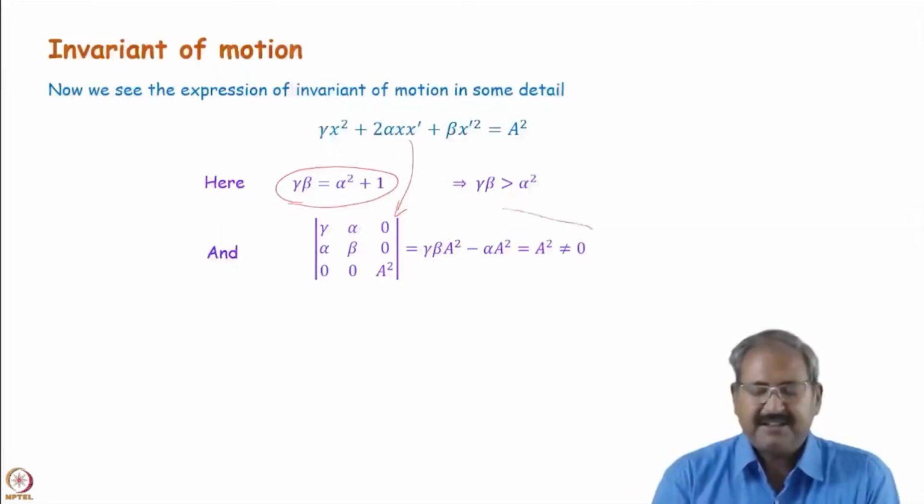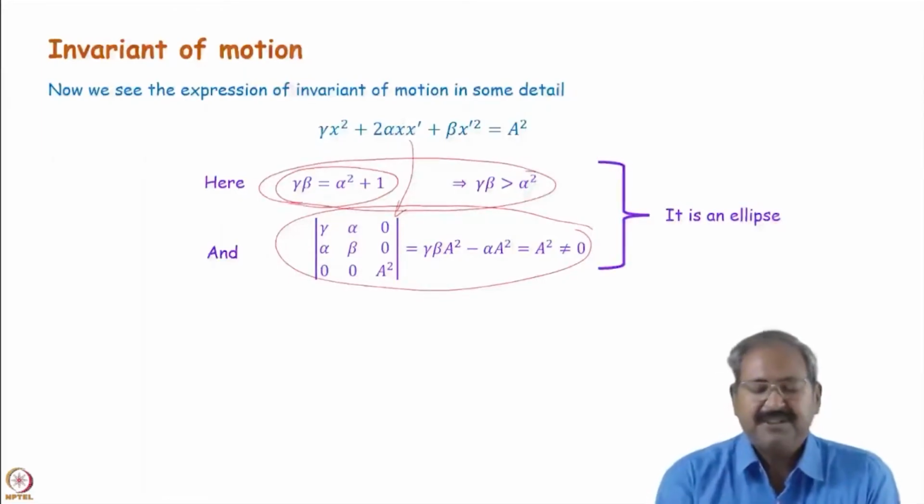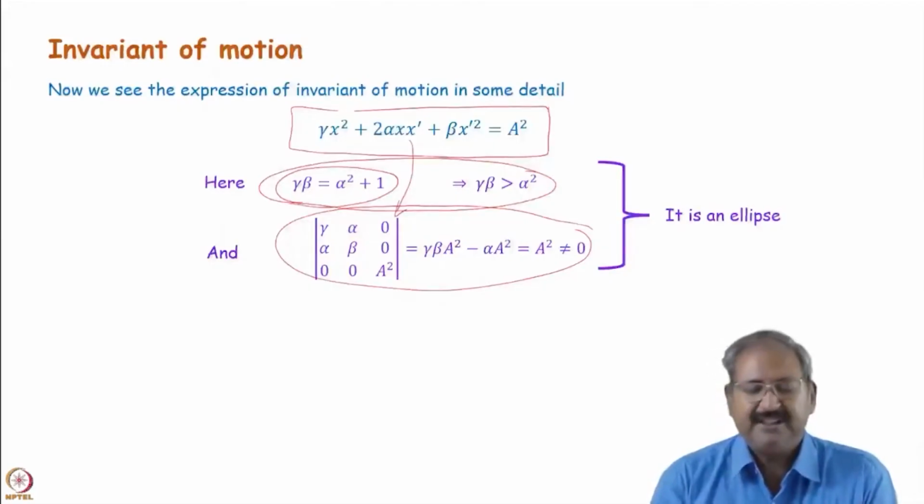So this shows that really this is a conic section, and this conic section must be an ellipse. So this equation shows an ellipse. As in the case of simple harmonic oscillator, we obtained an ellipse in the x and x dot. Here in x and x prime, we are getting some ellipse.